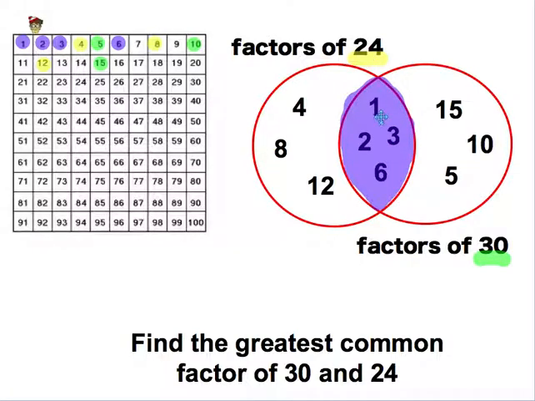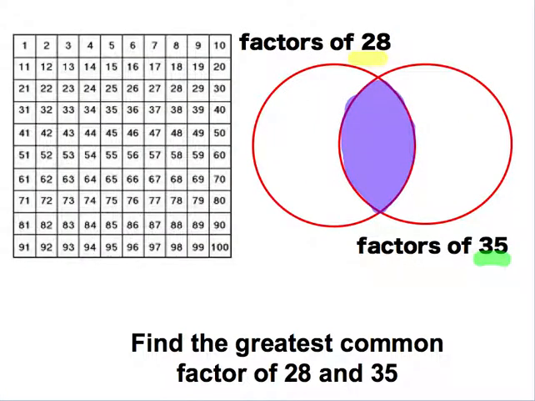So for example, 1, 2, 3, and 6 are all in common, and so the greatest one would be 6. You could try this out right now for factors of 28 and 35. Just pause the video, and we're going to move on.